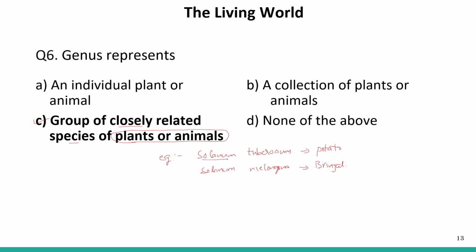You can underline them separately. So what happens here? Solanum is the genus, common to both. Tuberosum is the species. So these two species are included in the genus Solanum. That's why this option is correct. A group of closely related species of plants and animals represents a genus.